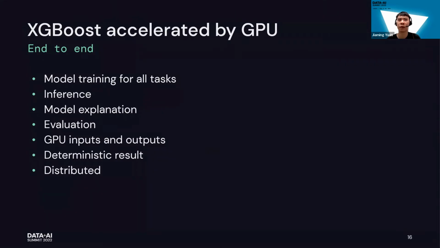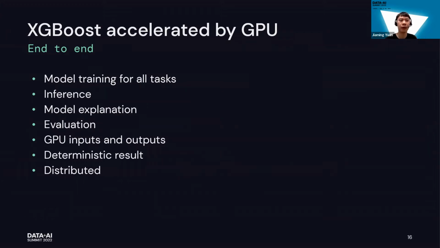You can train the model completely on GPU for all kinds of tasks. You can do inference with GPU input and output directly a GPU array or GPU data frame. You can run SHAP value computation on GPU, which is much faster, and we'll share the benchmark in the next slide. You can do evaluation like AUC and PRAUC on GPU.